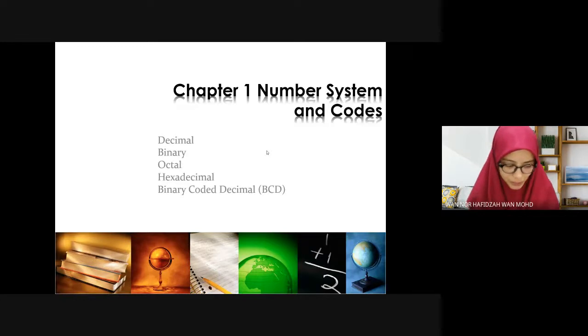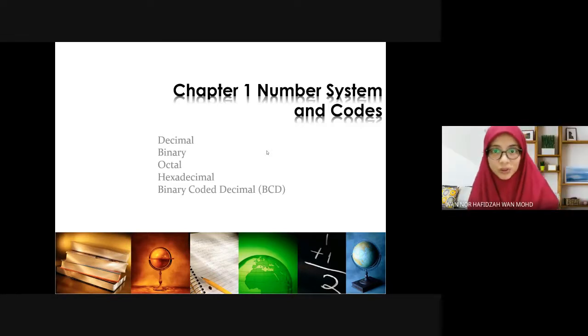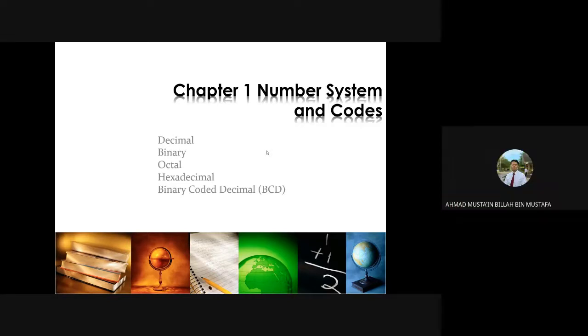Base 16. So the numbers are from 0 to 15.